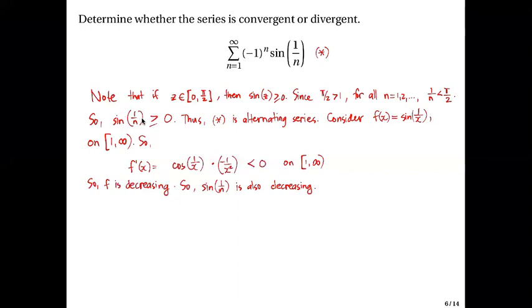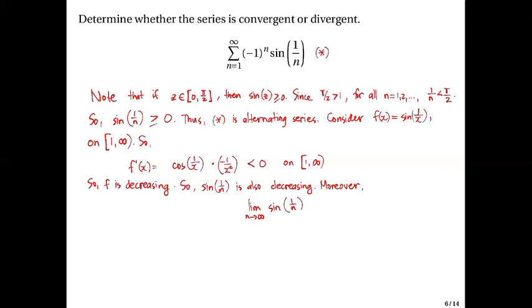So now we have positivity and we have monotonicity, the decreasing function here. What's left to do is to find the limit of sine of 1 over n as n approaches infinity. Moreover, the limit of sine of 1 over n as n approaches plus infinity.